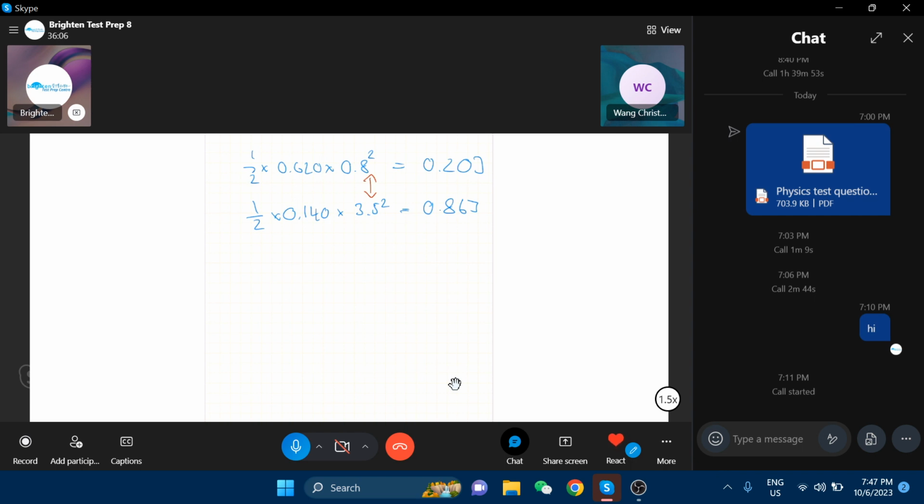Because if that's now before and this is after, and we say the bigger ball comes with 0.8, so we just turn it around, that's not possible, right? Because 0.2 joules is clearly less than 0.86.